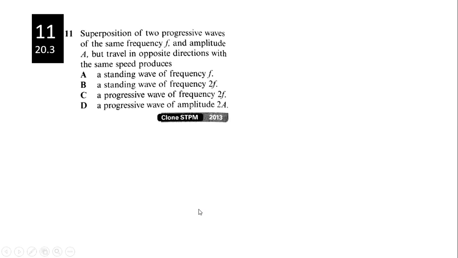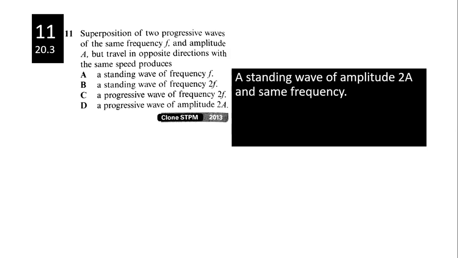Okay, superposition of two progressive waves of the same frequency and amplitude, but traveling in opposite directions with the same speed produces what? What's the answer? No. This one I don't know. Right?